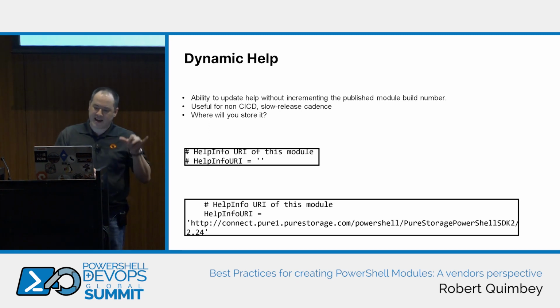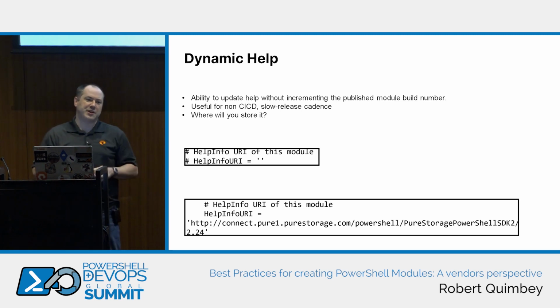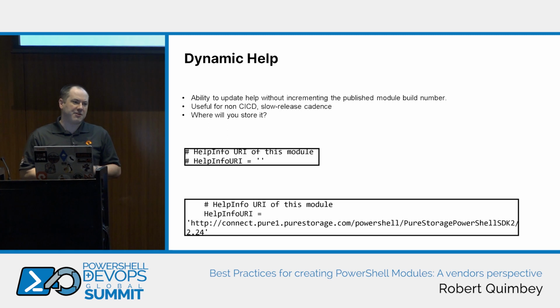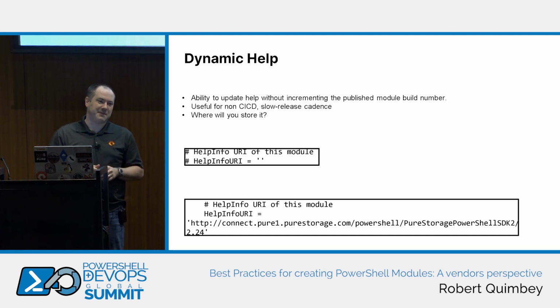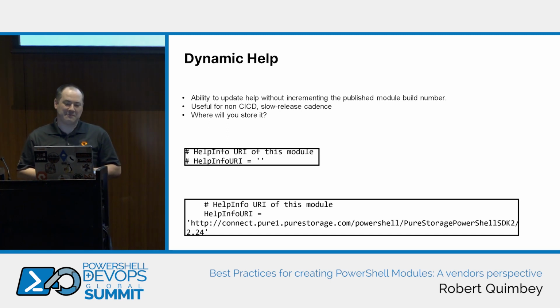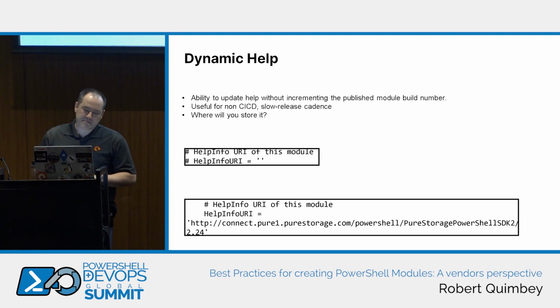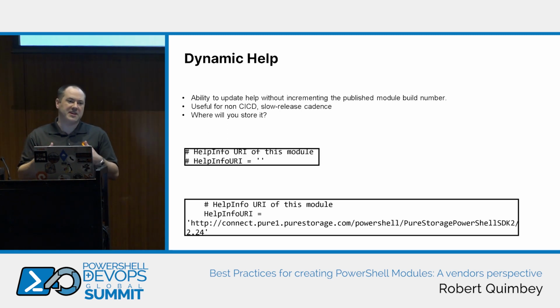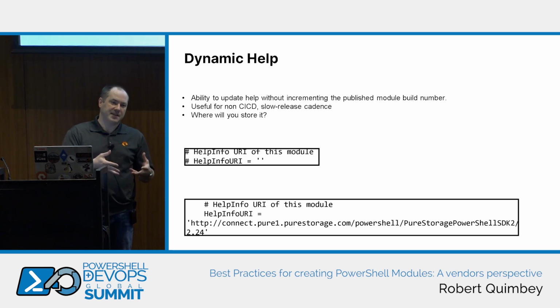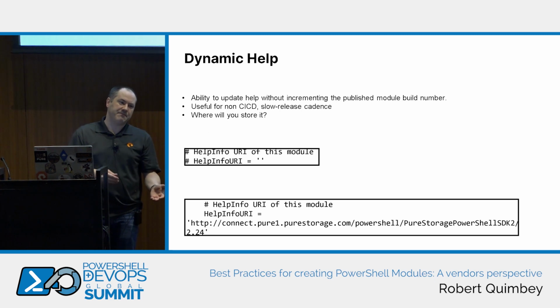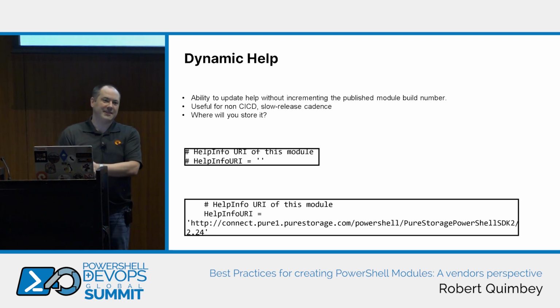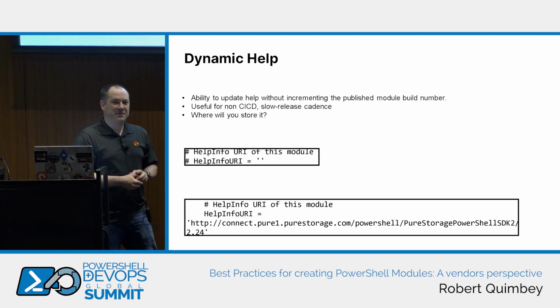You can specify update help on a particular module, but most people just type Update-Help and hit enter, and then your PowerShell session sits there for 15 minutes while it grabs 500 different module updates. But the big key here is that if you do dynamic help, and you fix bugs in help or typos or expand examples, you're able to get them without waiting for the next version of your module to be released.